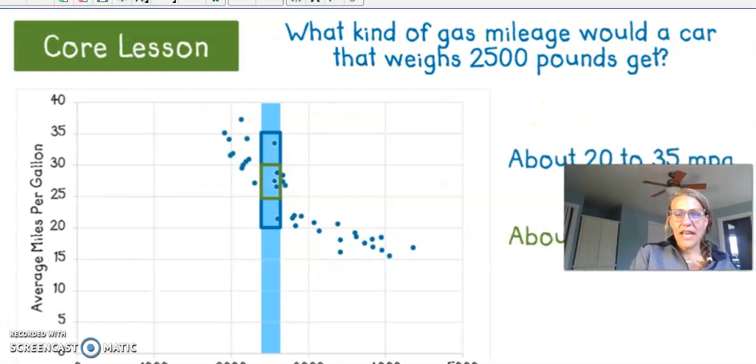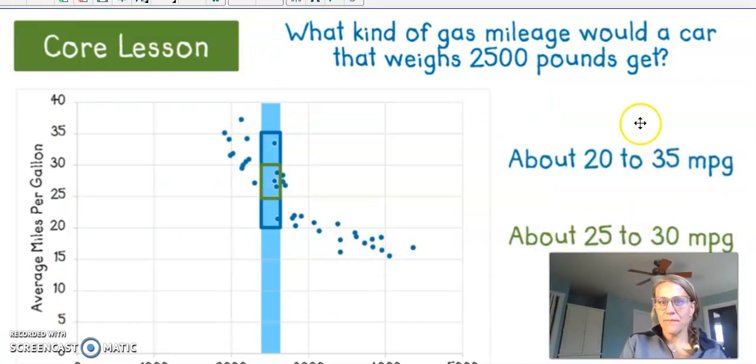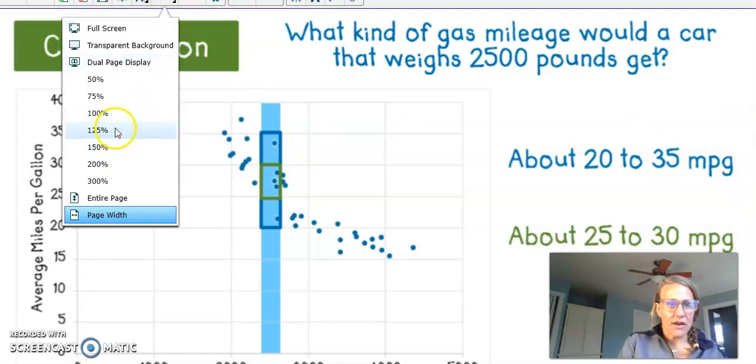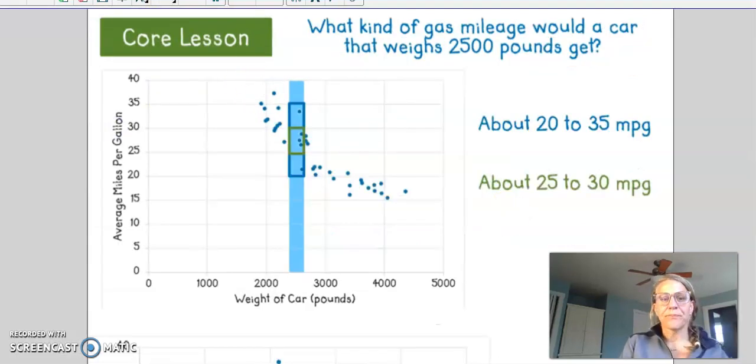All right, so taking a look at some data here, I'm going to zoom out a little bit just because it's kind of hard to see what's happening. Here is the weight of our car and the average miles per gallon again. So we're going to make a prediction. What kind of gas mileage would a car that weighs 2,500 pounds get?